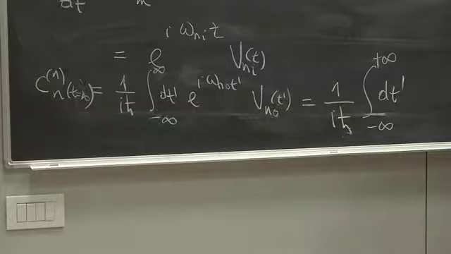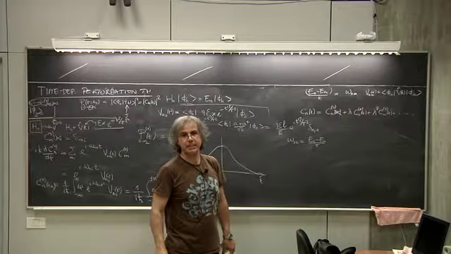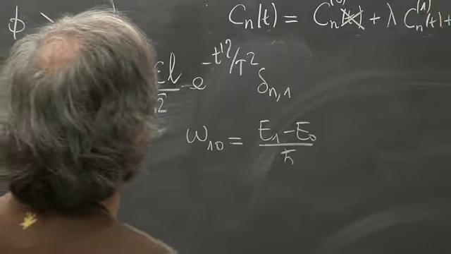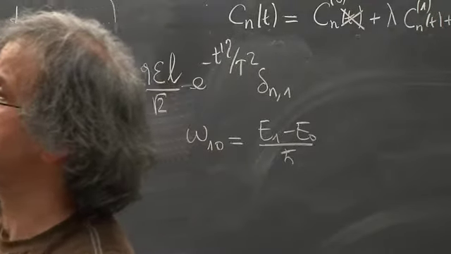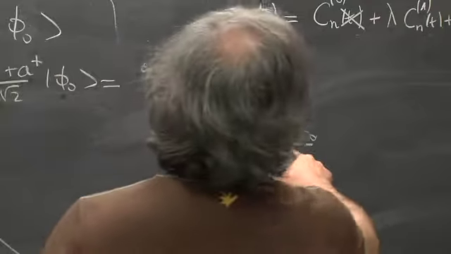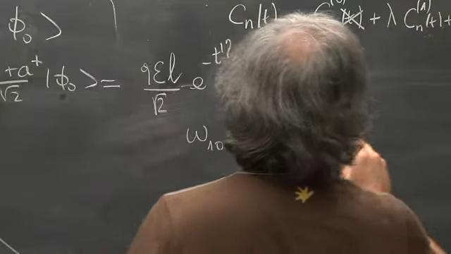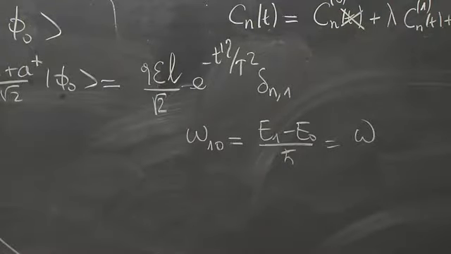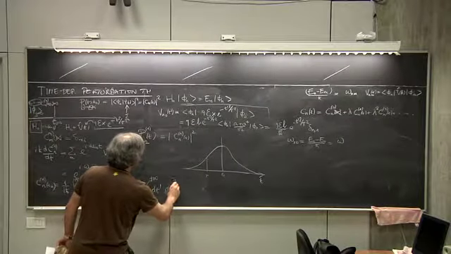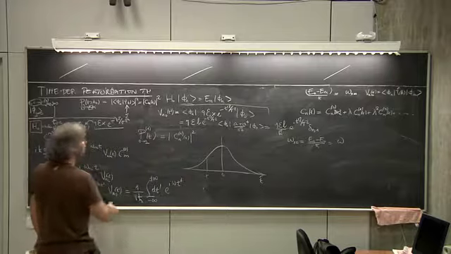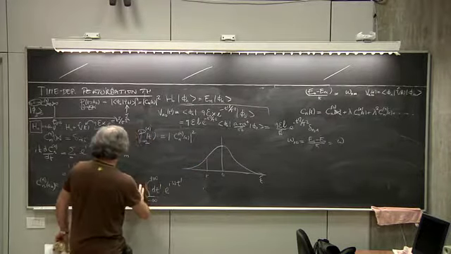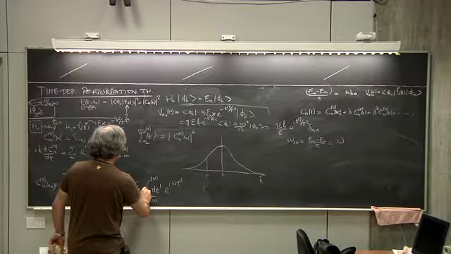How much is this? Well, the half cancels. It's just omega minus 0. So it's just omega. Okay? So I have e to the i omega t prime times a delta of n and 1.